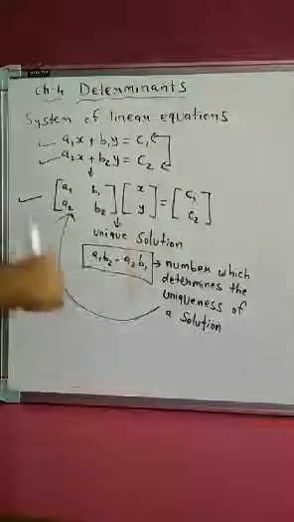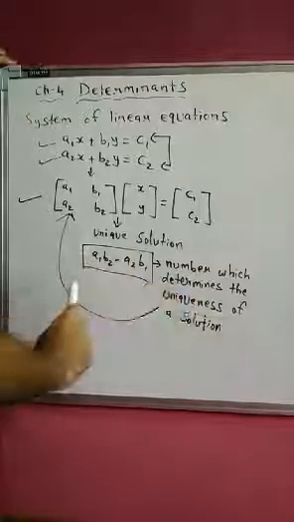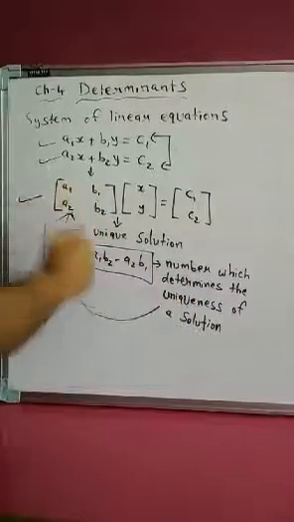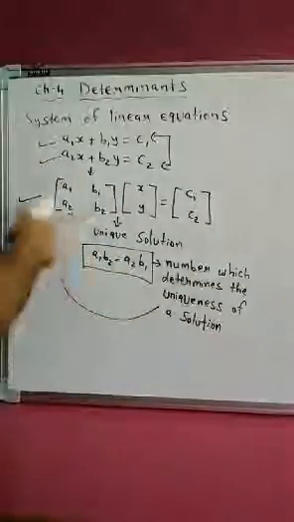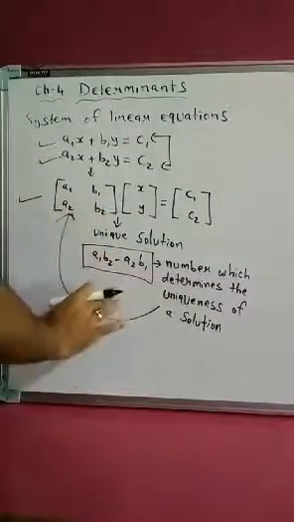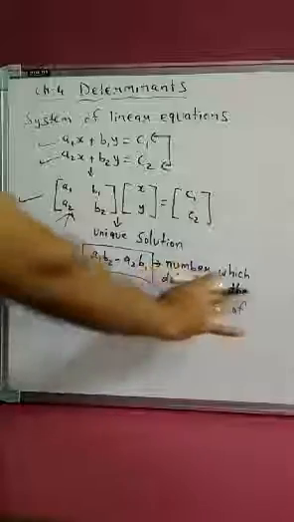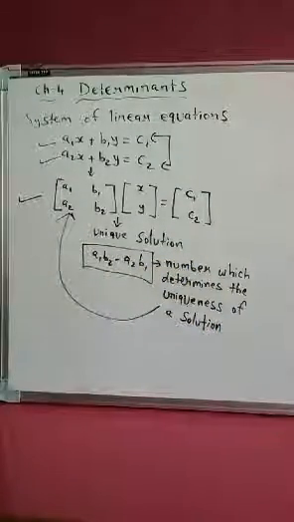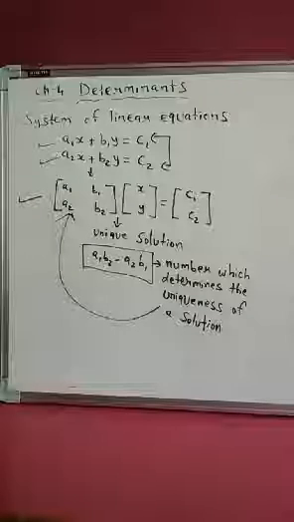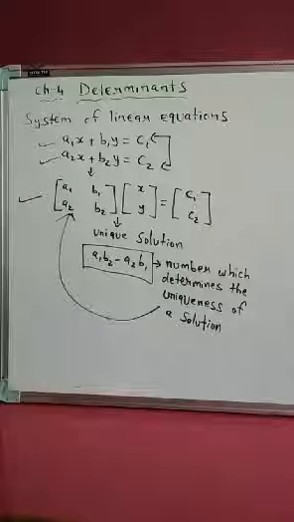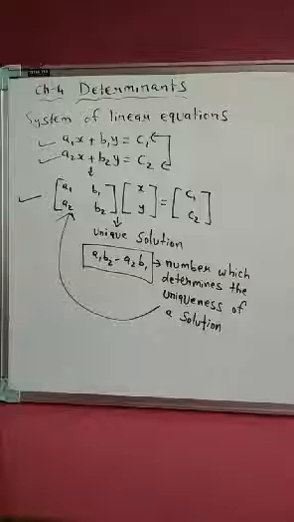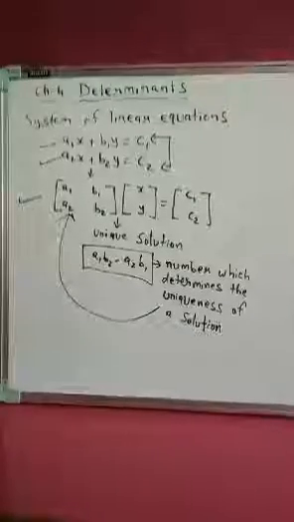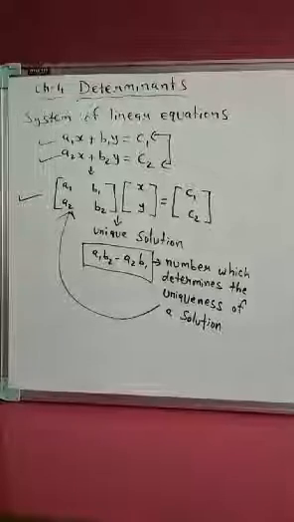Now, how did it come? It came from this matrix. It is associated with this matrix. It is a number which determines the uniqueness of solution. You have to remember this right now. Note it down in your book, everyone. Now, we have the chapter that is determinant, but I have written about the matrix.